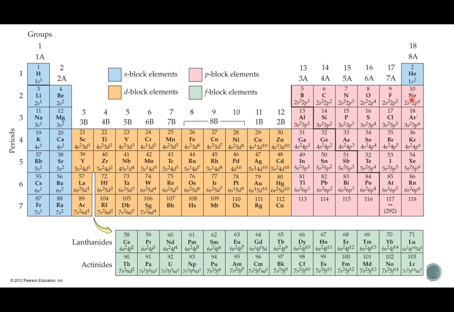Over here, we see the P block. And when we're in the P block over here, we're going to be putting electrons into the P orbitals. Orange is our D block. And we haven't talked much about this yet, but we'll get there. Green is our F block, okay?